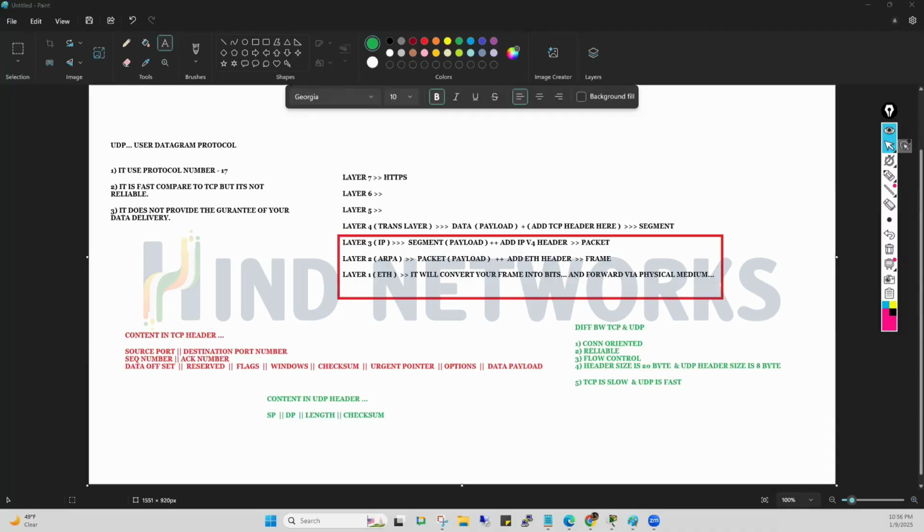For example, if there is a sender device and a receiver device, and the sender device is sending a packet, what will the receiver device do? The receiver device must acknowledge it.